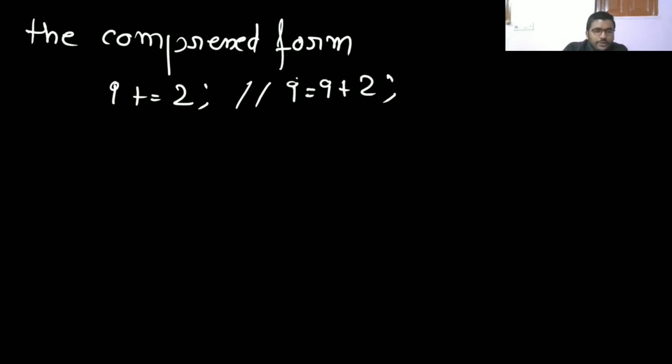So if the variable on the left hand side is repeatedly, immediately written on the right hand side, this i is written immediately on the right hand side, so it can be written like this.